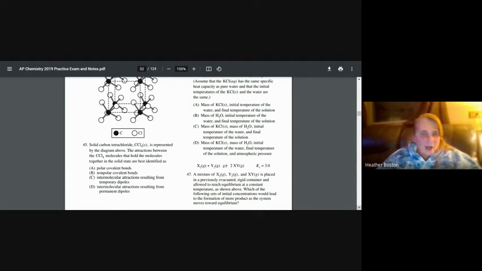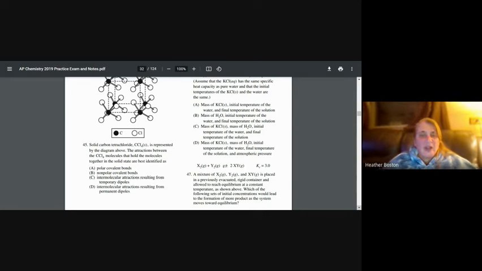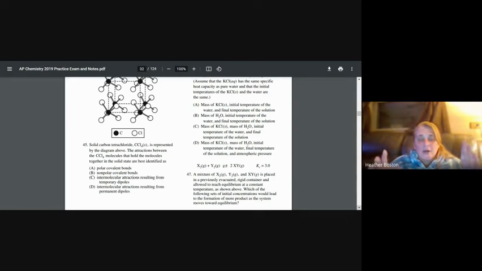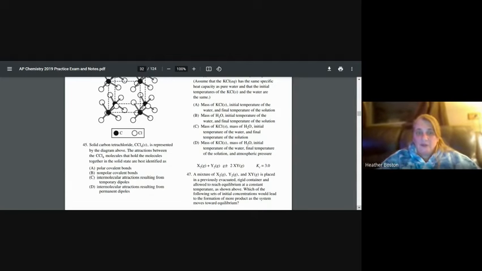So when you're talking about holding the molecules together, that's your dead giveaway for intermolecular forces. So you can cross off A and B because those are intramolecular forces. Permanent dipoles would come from polar covalent molecules. Temporary dipoles come from nonpolar covalent molecules. So the correct answer for 45 is C.